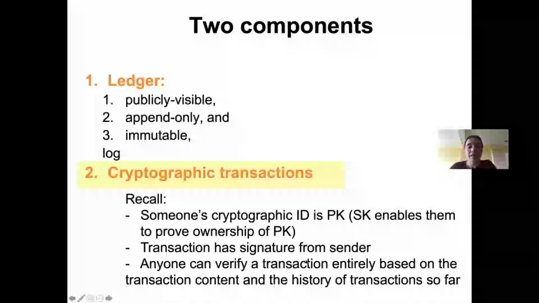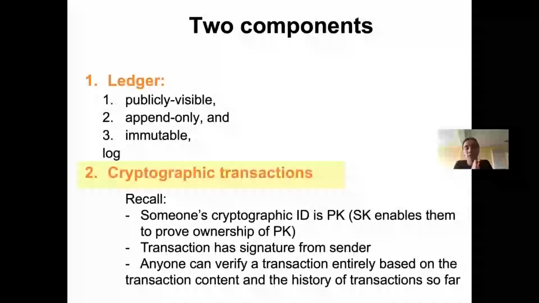And then remember that anybody can check a history of transactions. How? We were looking at making sure each transaction is signed correctly and no one double spent. So each transaction output could only go into another transaction input, okay? And you had to make sure that for every transaction, the sender had enough funds to actually issue that transaction.